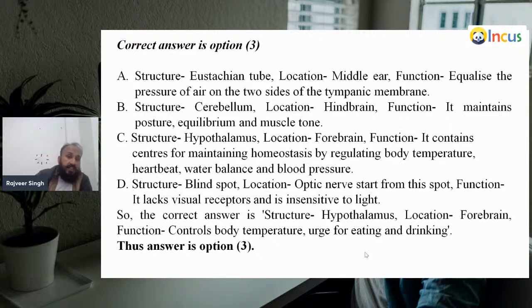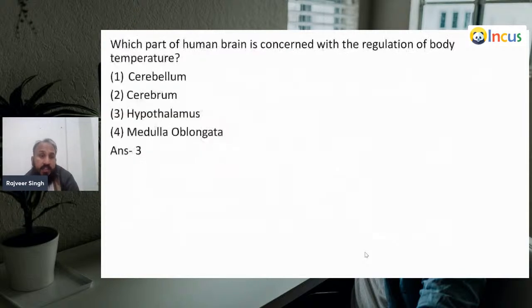It contains centers for maintaining homeostasis by regulating body temperature, heat, water balance and body posture. Last one is the blind spot. The optic nerve starts from this spot. Function, it lacks visual receptors and is insensitive to light. So the correct option is hypothalamus, location forebrain, function control of body temperature, urge for eating and drinking. Answer will be third.